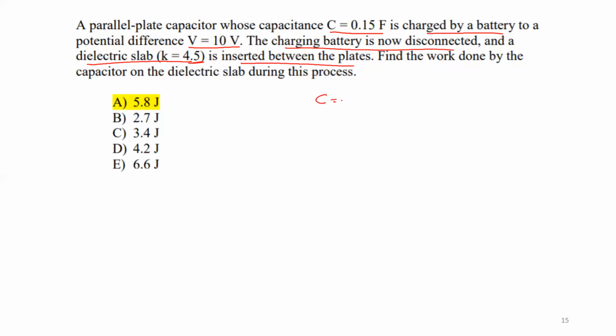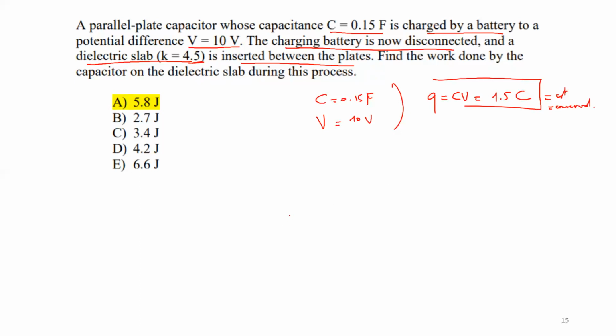So I have C, 0.15 farad, and I have V, which is 10 volt. So I know Q. What is Q? CV. So 1.5 coulomb. So this is my charge. Now the battery is disconnected, that means that this charge is constant and conserved.